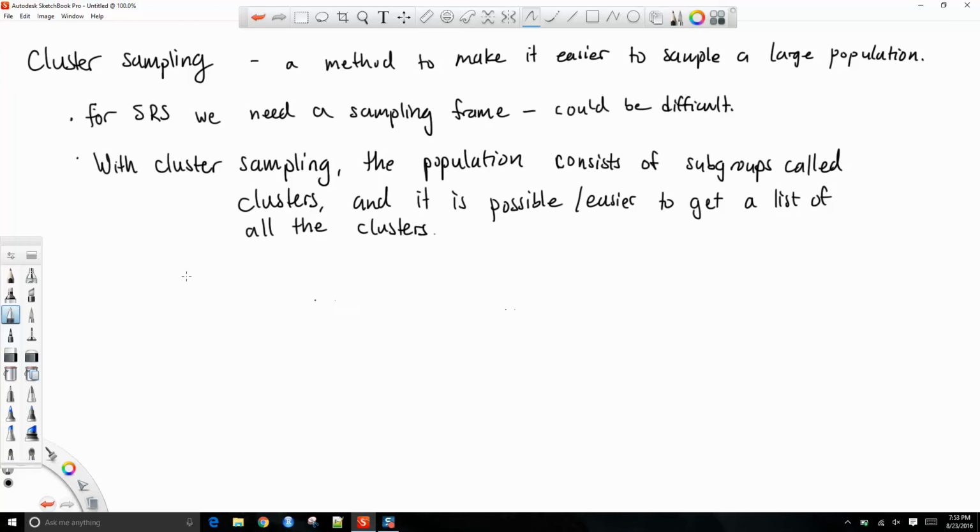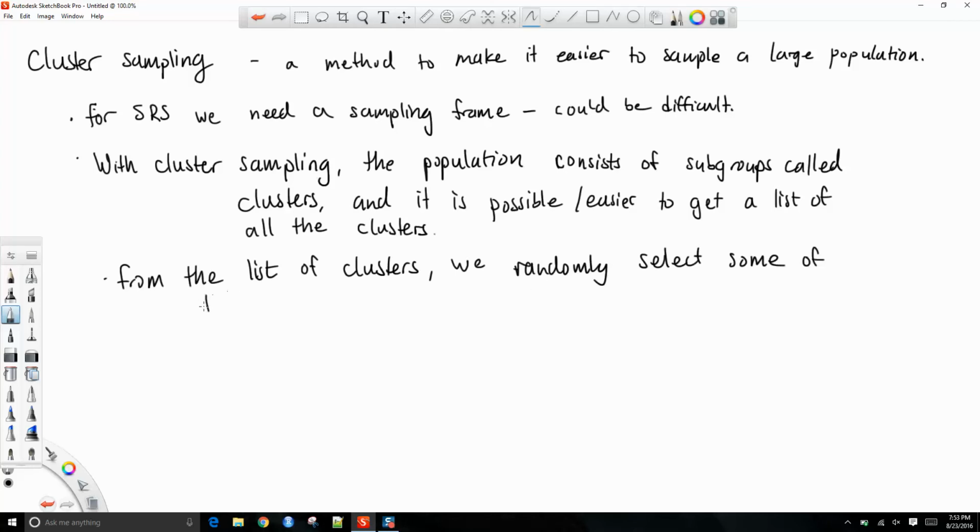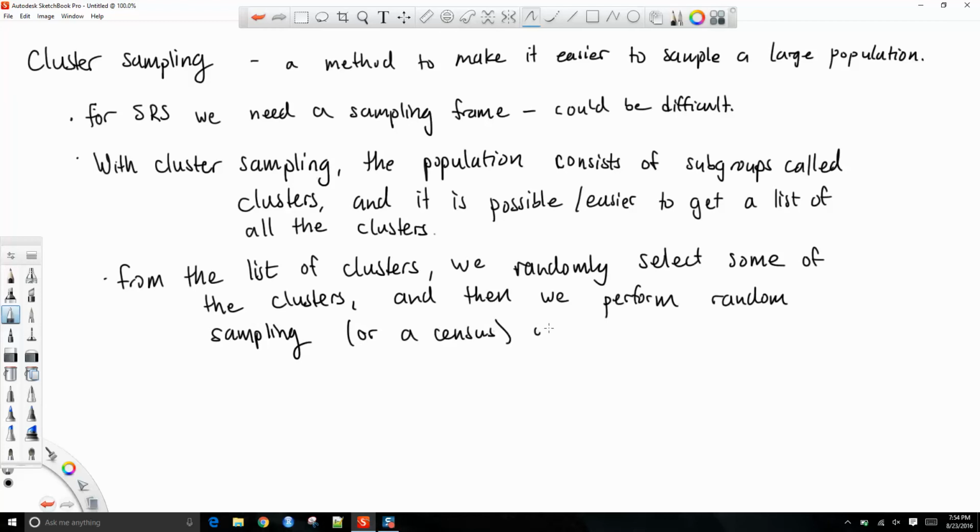Then what we do is, from the list of clusters, we randomly select some of the clusters, and then we perform random sampling, or a census, in the selected clusters.